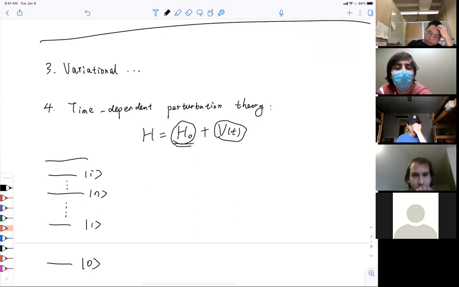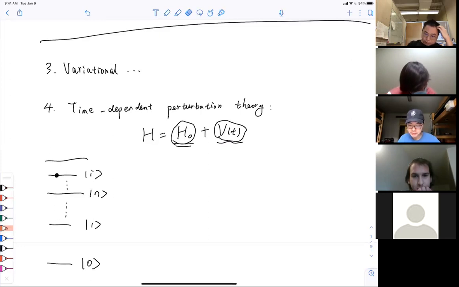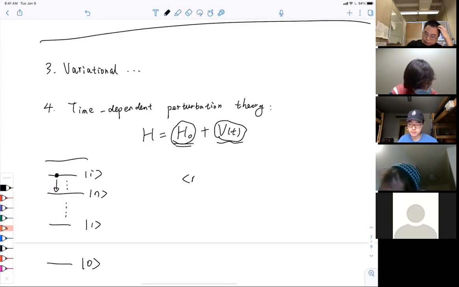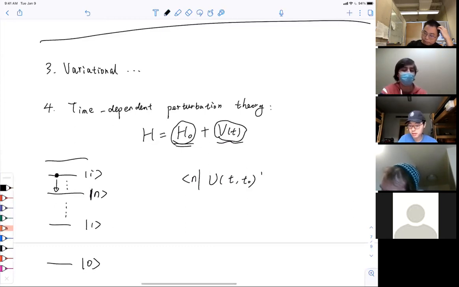Now, imagine I initialize our system in the state i, and we drive our system with some perturbation. For example, we apply some oscillating electric field or magnetic field, and then ask what's the probability that this system will be found in the state n after some time. This is the general question we want to ask.